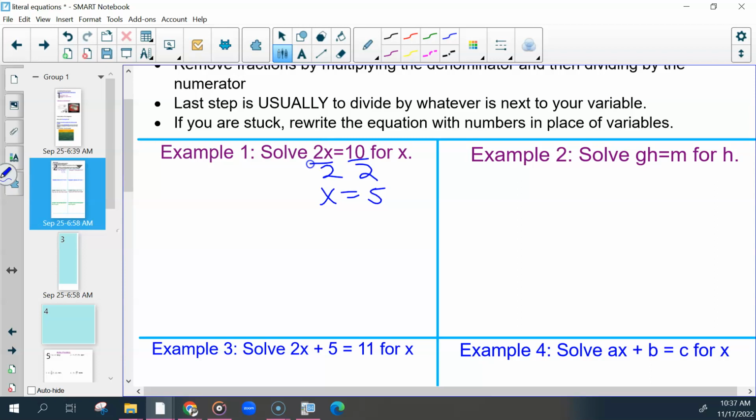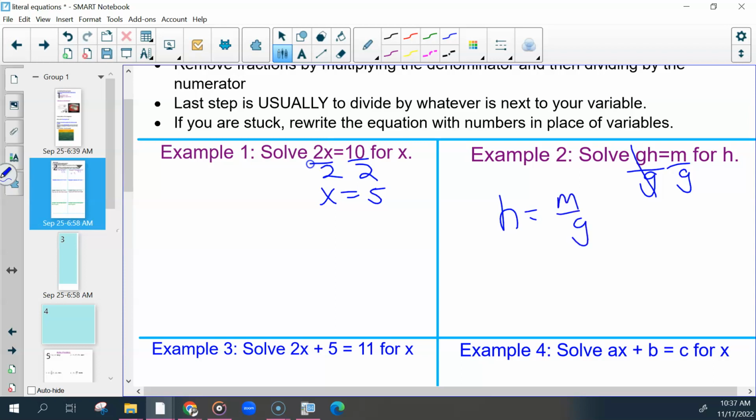Now, think about that same setup. In example 2, we are now solving this equation for h. How would we do that? Victoria? Divide both sides by g. And when we do that, the g's cancel, leaving just h, but then you have m over g.